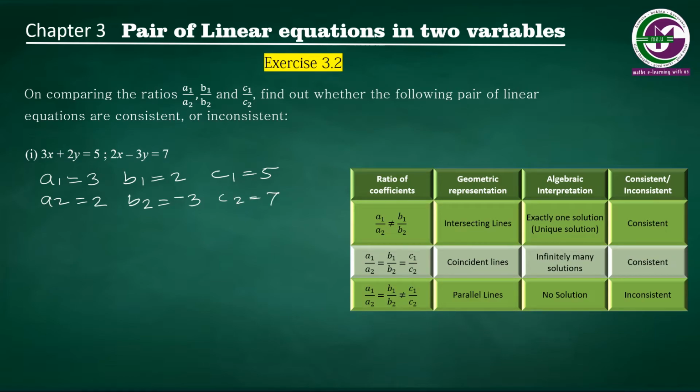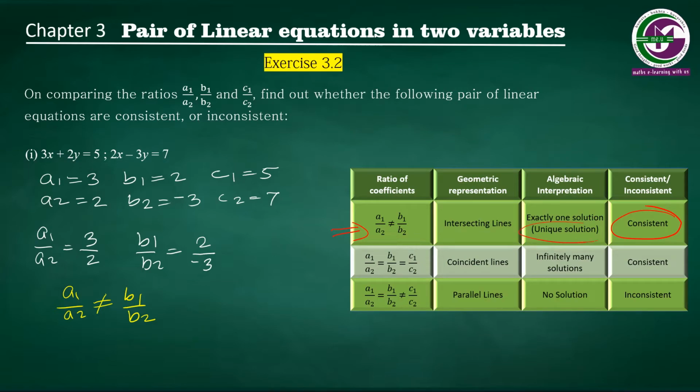Now we can find the ratios. a1 by a2 equals 3 divided by 2, which is the simplest form, and b1 by b2 is equal to 2 divided by negative 3. So you can see that a1 by a2 is not equal to b1 by b2. That means no need to check c1 by c2. When a1 by a2 is not equal to b1 by b2, it is consistent because there are solutions. The equations are consistent.